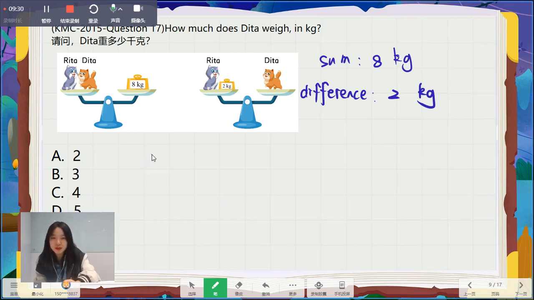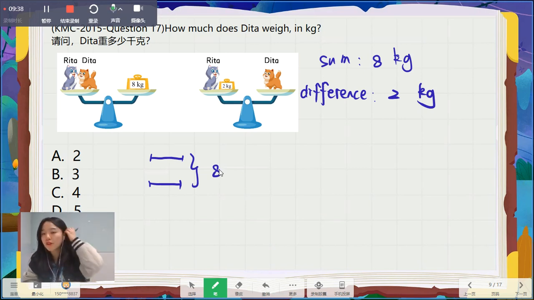Give you one example. If you know there are 2 lines and the total of them are 8, can you tell me what's the value of each line? When we want to divide the total equally into 2 equal parts, we just need to use division. 8 divided by 2, we can get 4 here.